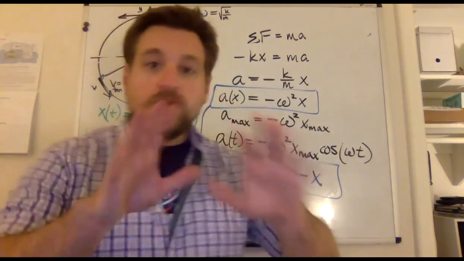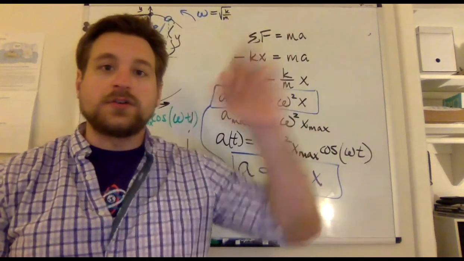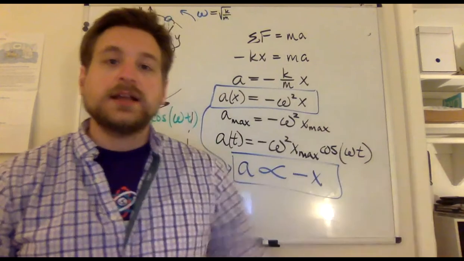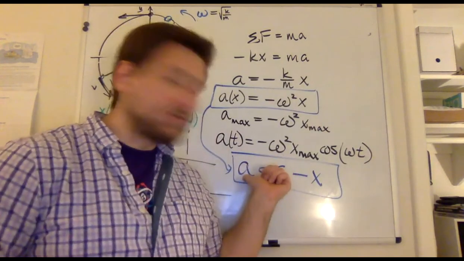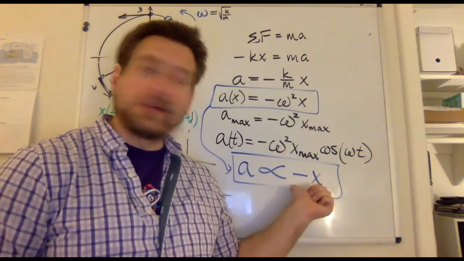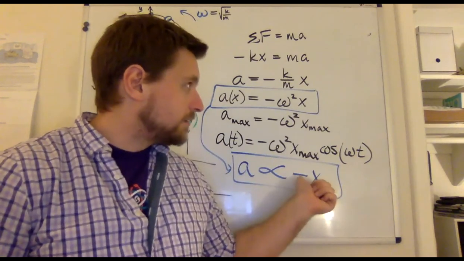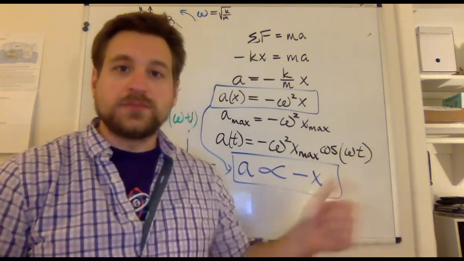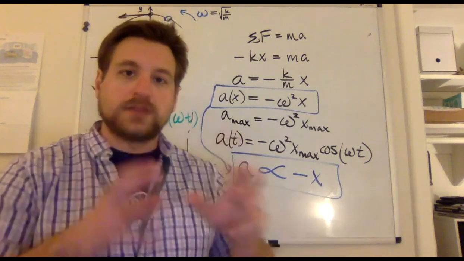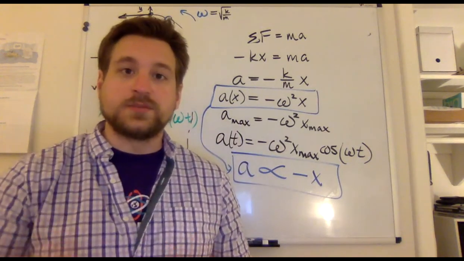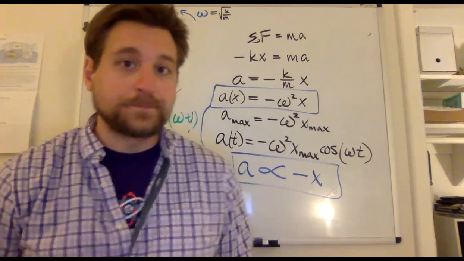Any new situation, any new scenario, any new equipment, if we can get the acceleration to look like it's proportional to the negative displacement from equilibrium, then we're talking about an oscillatory system. We're talking about simple harmonic motion.